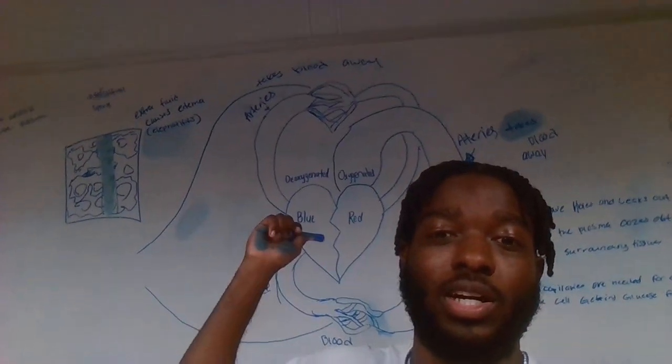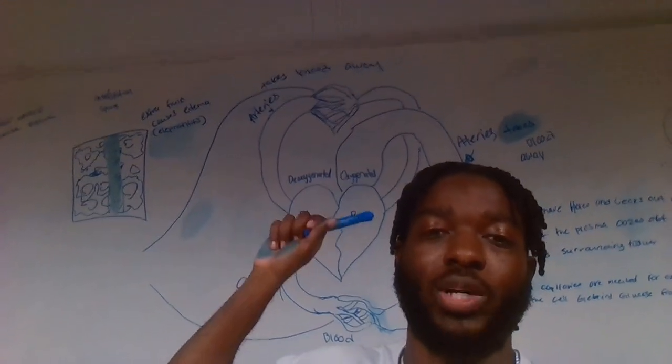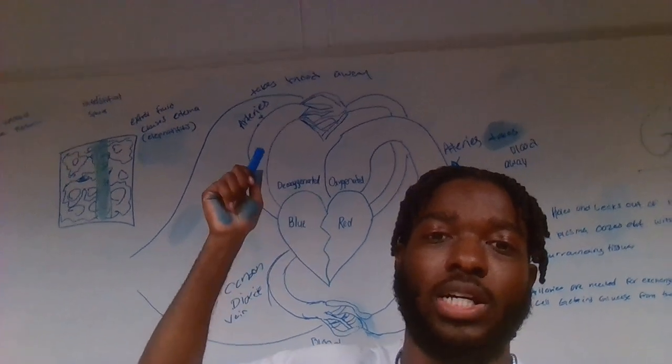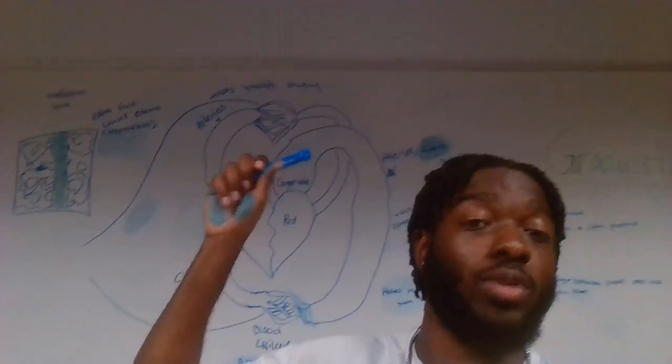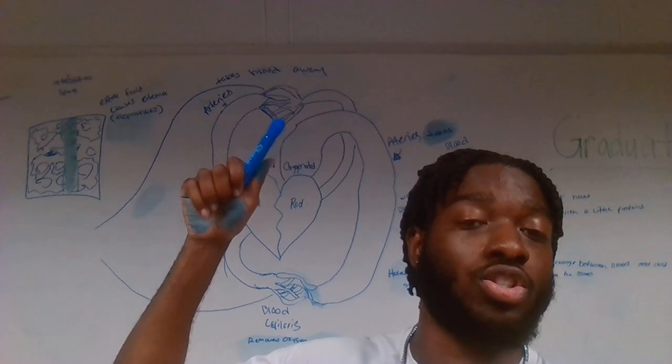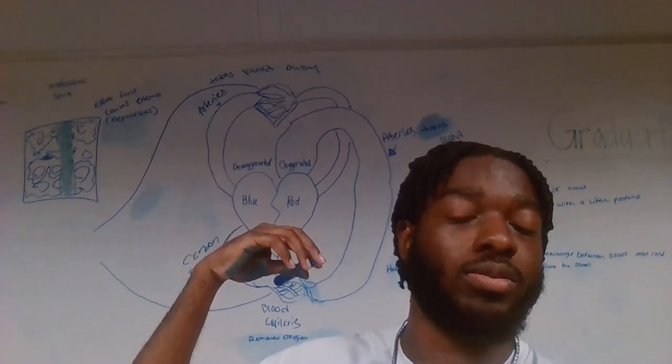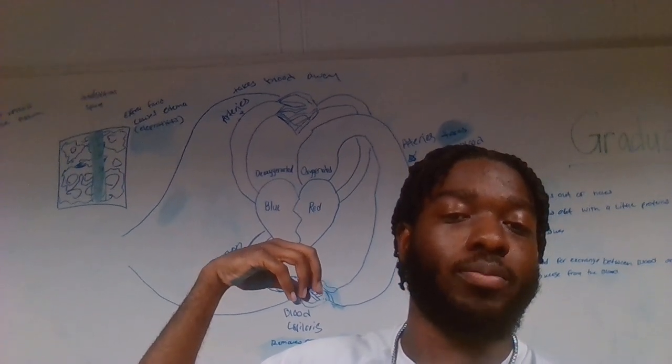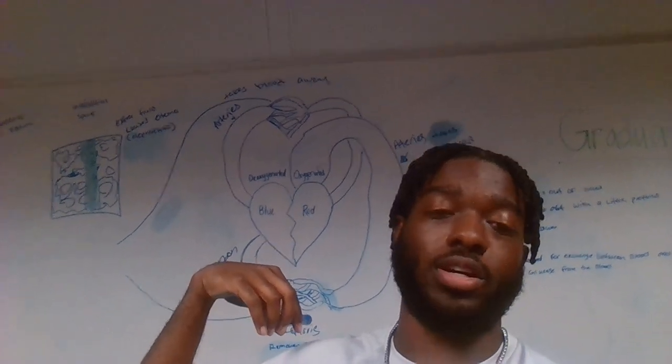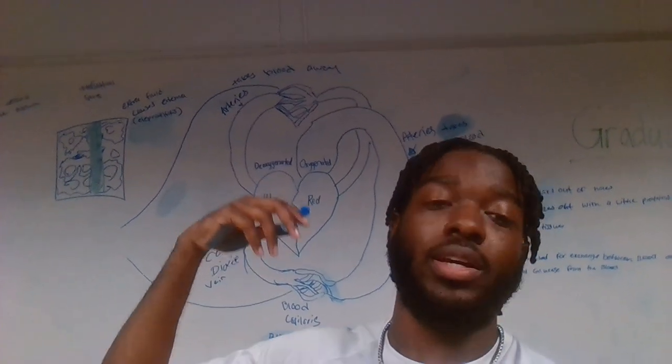So yeah, we have our blue side, which is deoxygenated, and the red side is oxygenated. Our arteries carry blood away from the heart. Oxygenated blood goes down through the blood capillaries, which is down there. There are holes in the blood capillary, as I explained, and those fluids leak out.